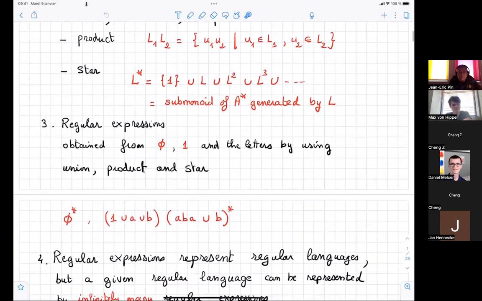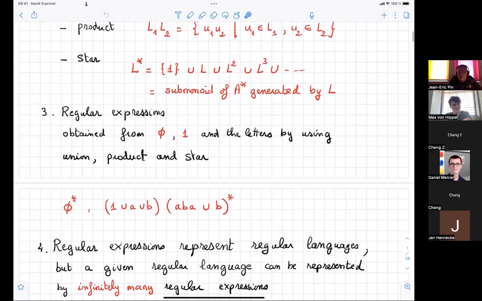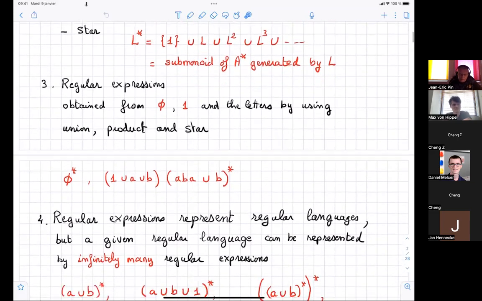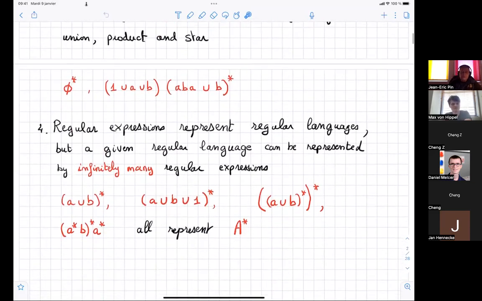But an important fact is that if you have a given regular language, it can be represented by many regular expressions, and actually by infinitely many. So just take this example. You see that A is the alphabet, so this is a regular expression for this language.